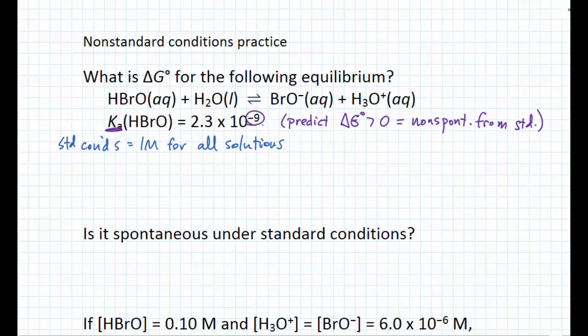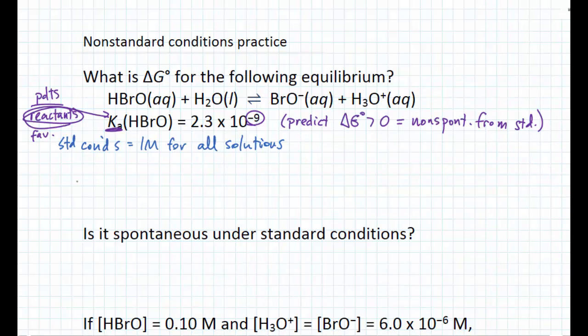The equilibrium constant for this is very small, which means after it's totally finished, products over reactants will be heavily favored to the reactants. Okay? Remember that. Ka, products over reactants. So if that's very small, that means reactants are favored at equilibrium. Okay? So if we start with 1 molar of everything, it's going to go this way to make more reactants. Okay? I think that's a better way of thinking of it.